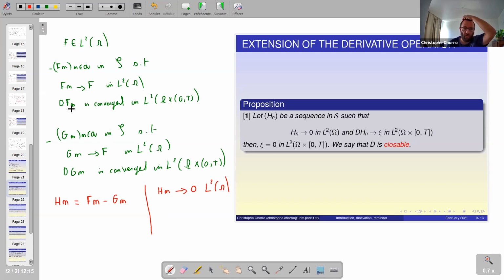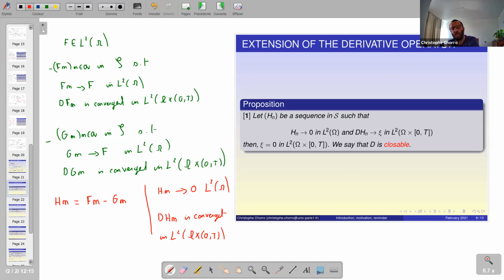Since D of Fn is convergent, and since D of Gn is convergent, I have also that D of Hn is convergent in L2 of omega times 0 capital T, by the difference and the fact that the derivative operator is a linear operator on the set of random variables.